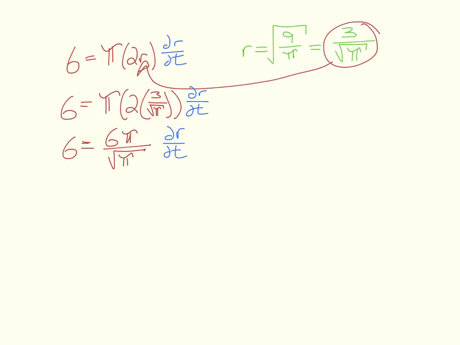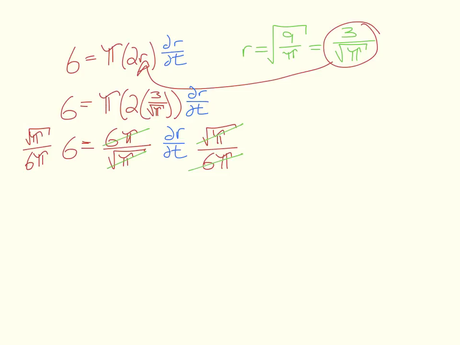In order to solve for this, we multiply both sides by the reciprocal, square root of pi over 6 pi, which will cancel the 6 pi here and the square root of pi here. And we must do the same thing to the left side. So we will multiply this by square root of pi over 6 pi.